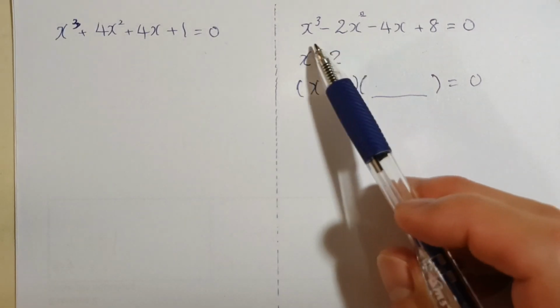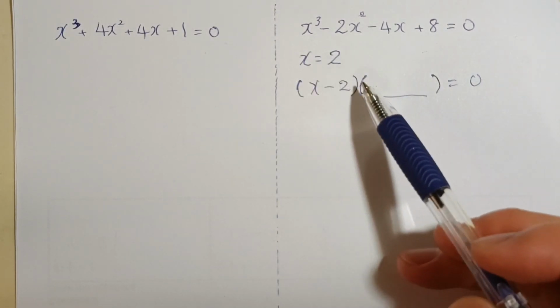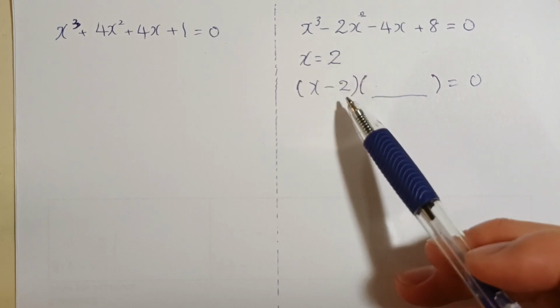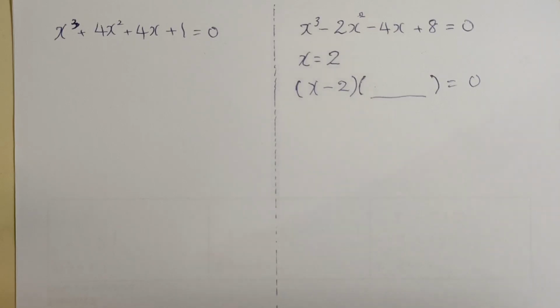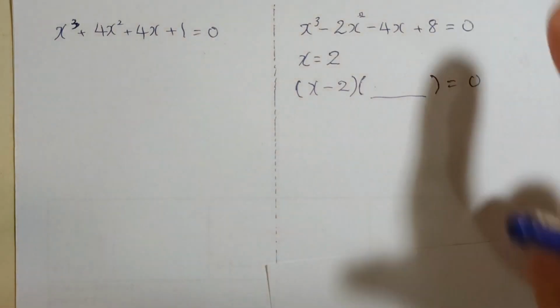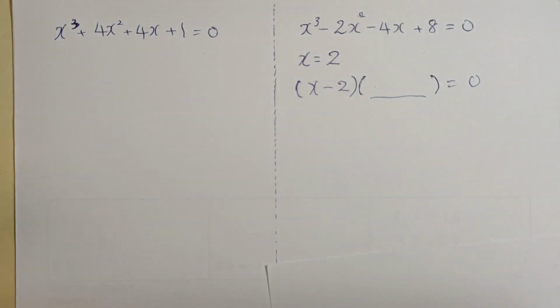To divide this expression by x minus 2, there are two approaches. The first one is long division, and the second option is synthetic division. So first I will show you how to use long division for this expression.